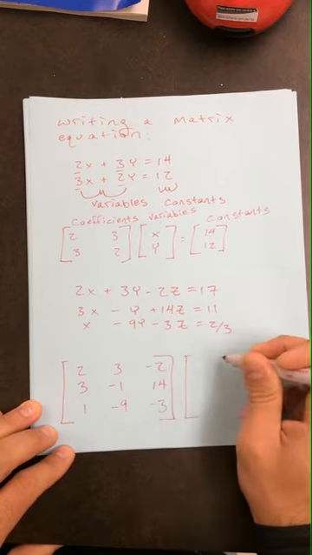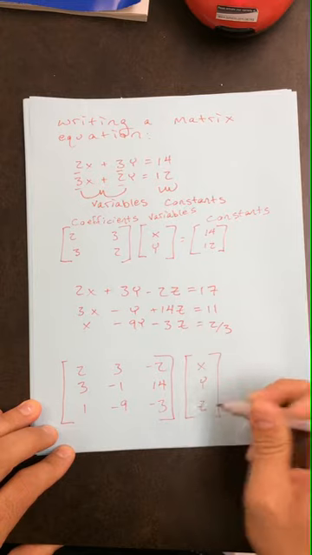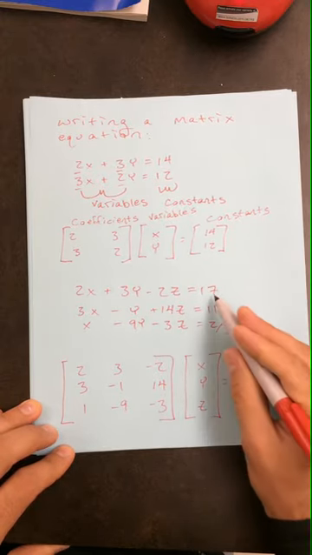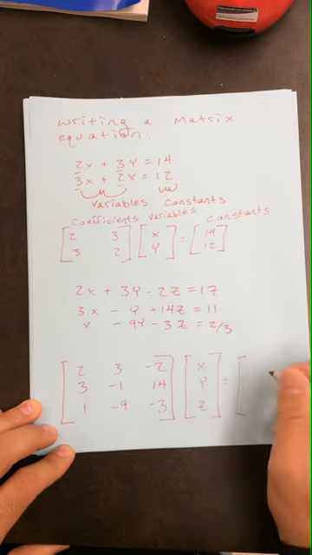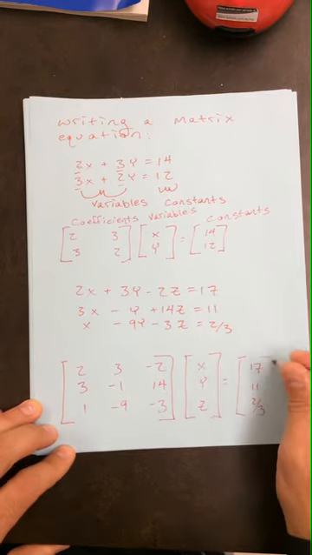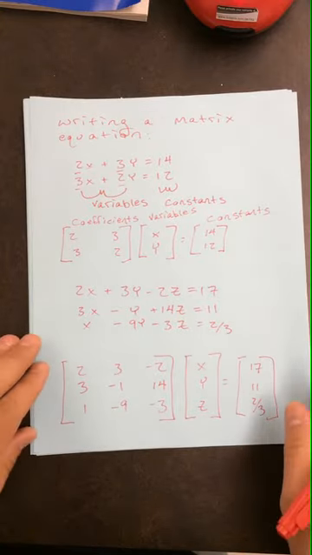Now I'm going to put my variable matrix, which is going to be x, y, and z, and it's going to be equal to my constant matrix, which is 17, 11, and 2/3. And that's it.